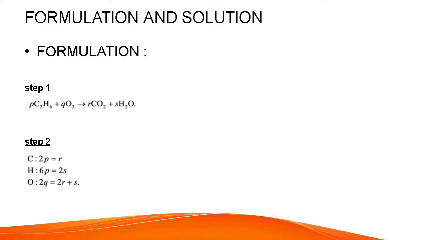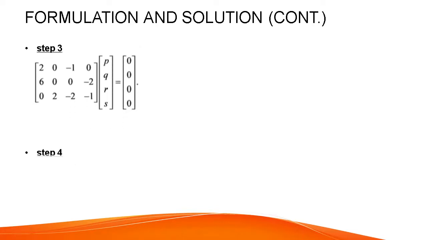We will obtain the following set of equations. In the third step, we make a homogeneous form based on the equations and use Gaussian elimination to solve it. And in step 4, we make use of the null space where Ax equals B to get the final answer.